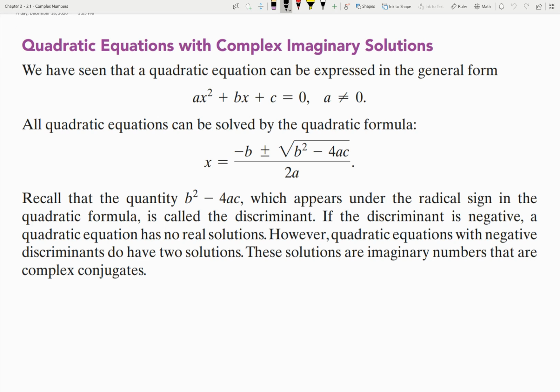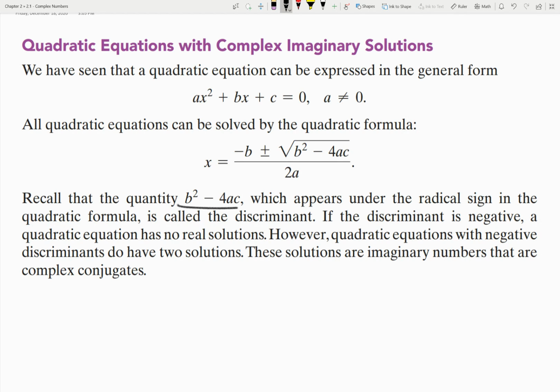All right, so let's finish up with quadratic equations with complex imaginary solutions. So we have seen that quadratic equations can be expressed in general form by setting it equal to 0, right? Ax squared plus bx plus c. And you can solve it using the quadratic formula, negative b plus or minus square root of b squared minus 4ac all over 2a. And the part underneath the radical, that b squared minus 4ac, which is called the discriminant, if that part is negative, the quadratic equation has no real solutions.